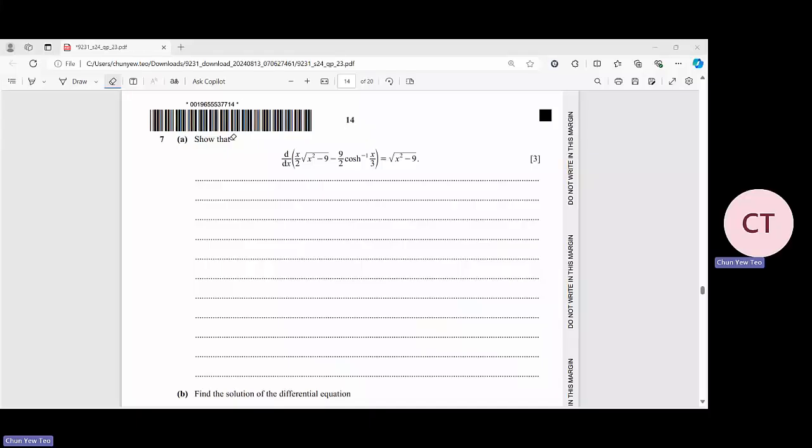Okay, now we take a look at question number 7A. Show that differentiate this will equal to this. So what you need to do, just need to differentiate directly. Tricky things over here. Just direct differentiate.